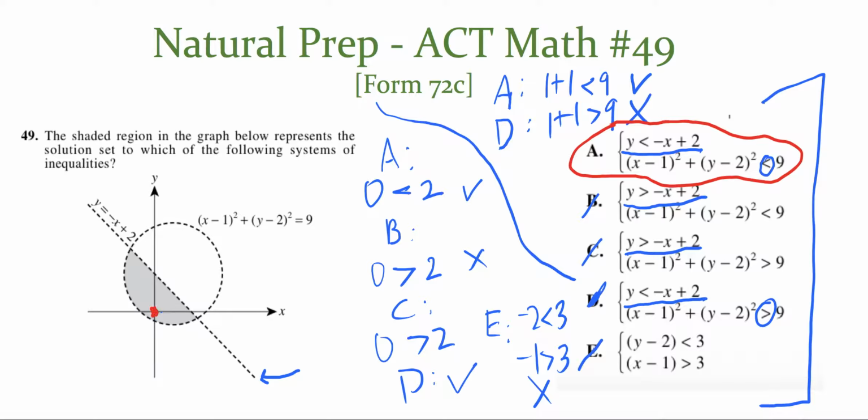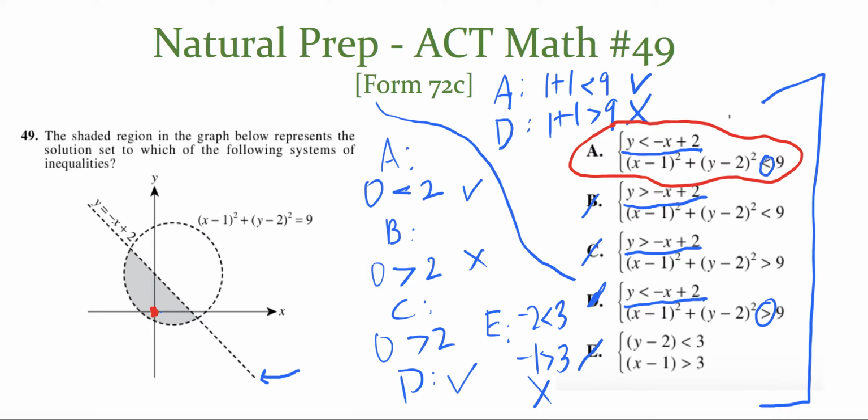Not only was this an easy point to plug in, but it also allowed us to find out whether a given system of inequalities was satisfied within the circle, outside the circle, to the right of this line, or to the left of this line. So it was a really versatile point to use.